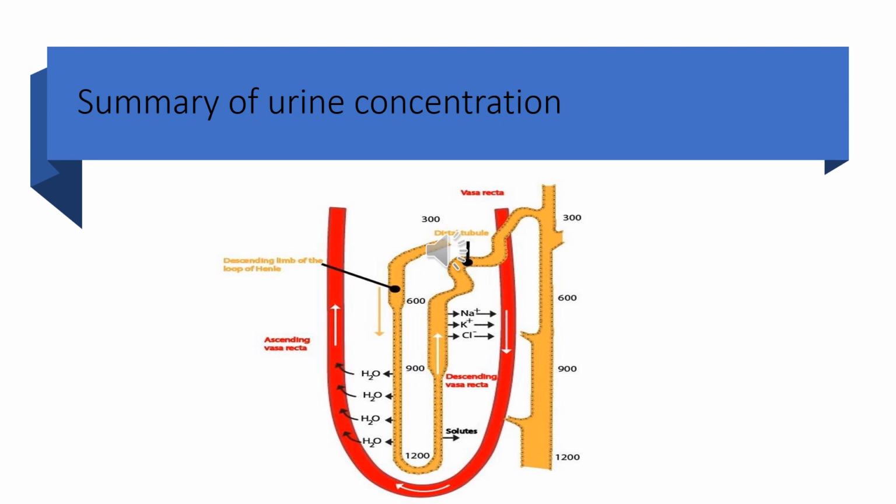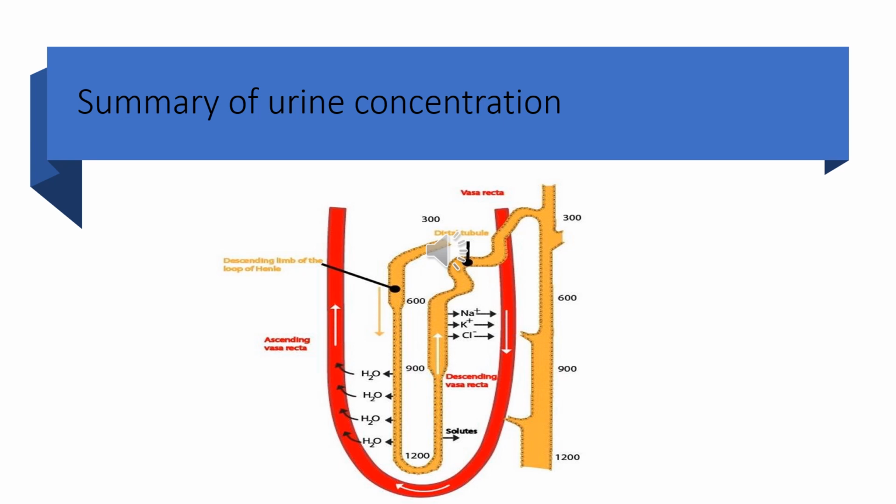The osmolarity of this tubular fluid increases, and it reaches a maximum by the time it reaches the tip of the loop of Henle, that is about 1200 milliosmoles per liter. So this fluid becomes hypertonic to plasma, and then it enters the thin ascending segment of loop of Henle where some passive reabsorption of solutes occurs.